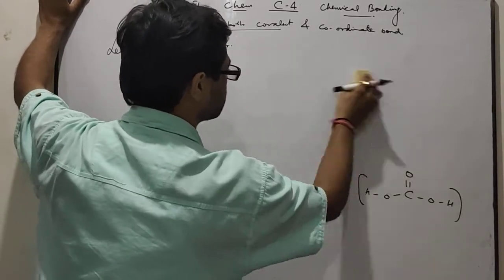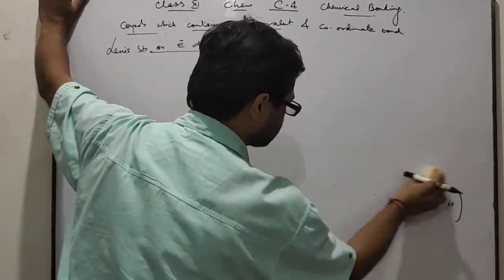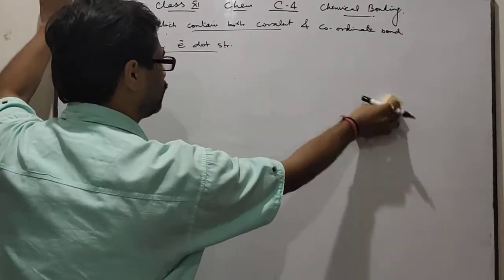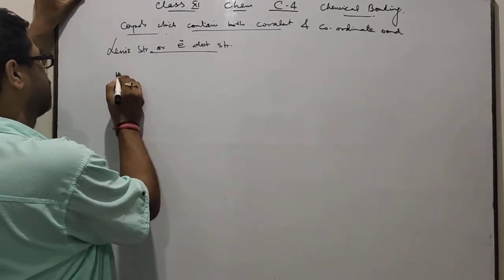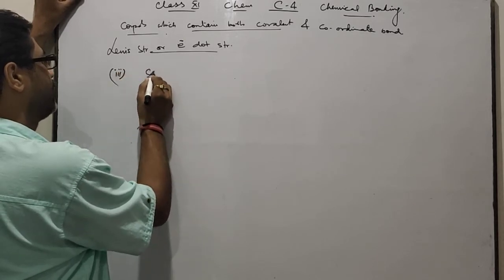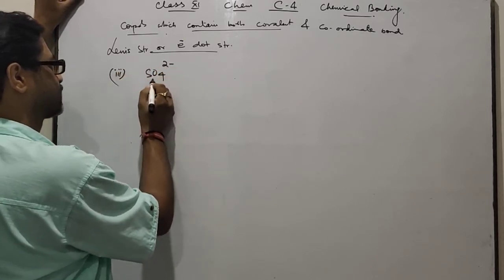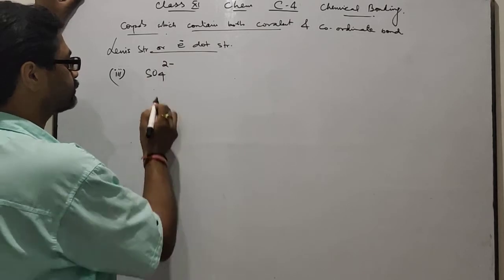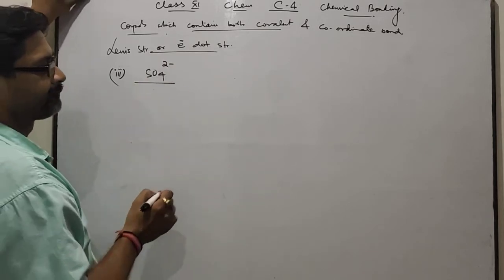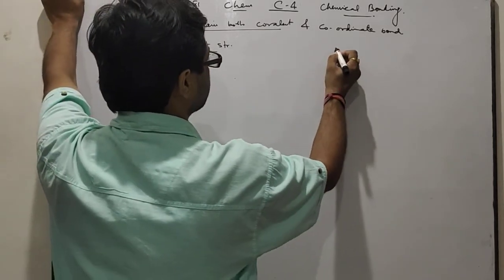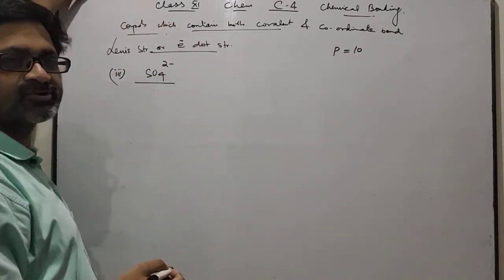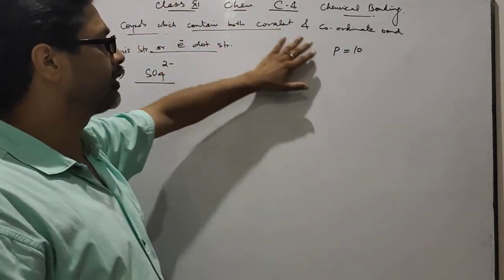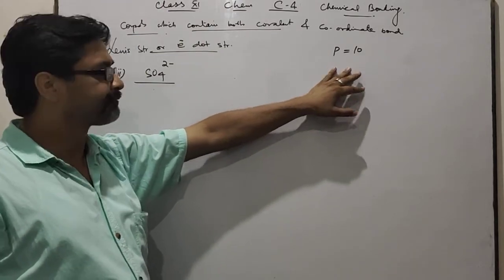Now I am going to discuss some negatively charged ions, how we draw the electron dot structure of negatively charged ions like this one, SO4 2 minus. This one is the sulfate ion. Keep in mind, phosphorus can complete 10 electrons in its valence shell due to the presence of a vacant d subshell.